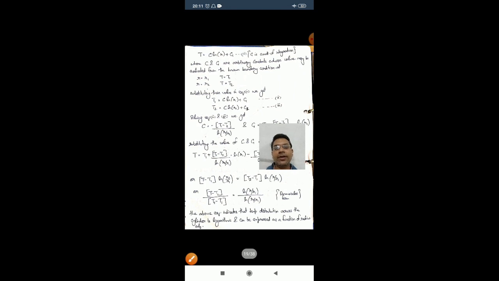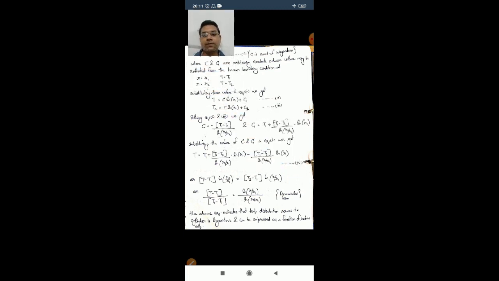So here I have written that, and after solving, this equation will be generated, and the values of C1 and C2 will be obtained. Putting these values, the final equation will look like this.